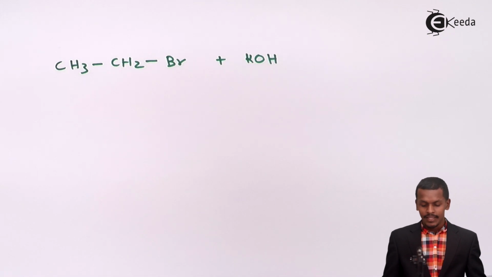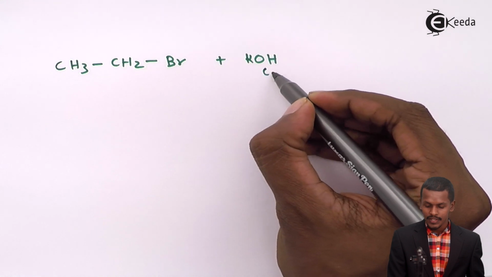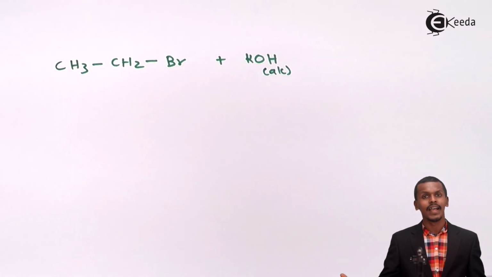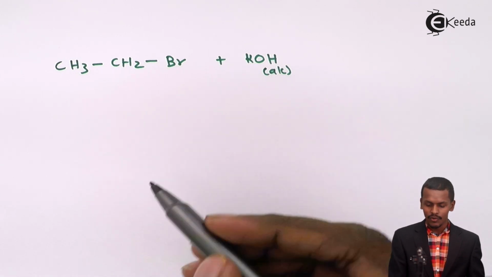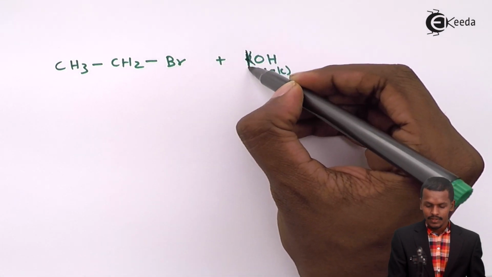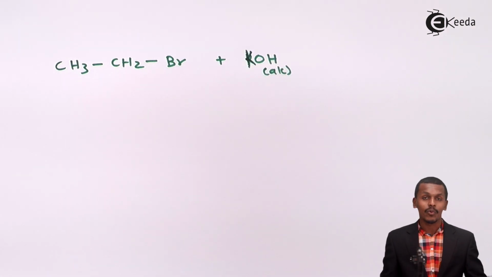But how? In this case, alcoholic KOH has been used. It is not the aqueous one, because the two have different properties. Alcoholic potassium hydroxide has different properties compared to aqueous KOH.